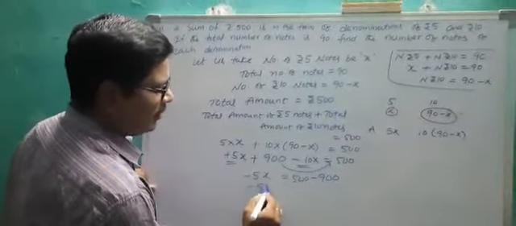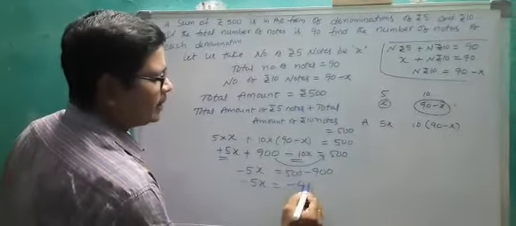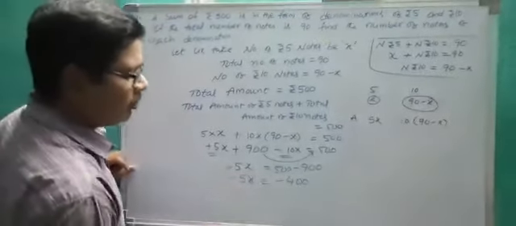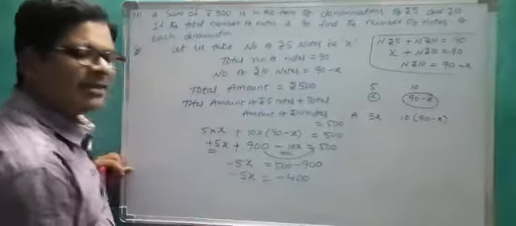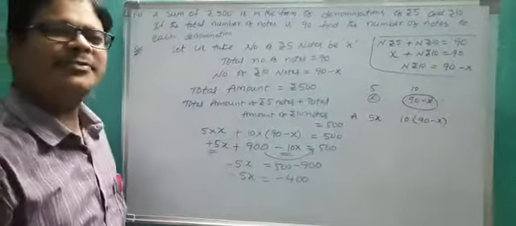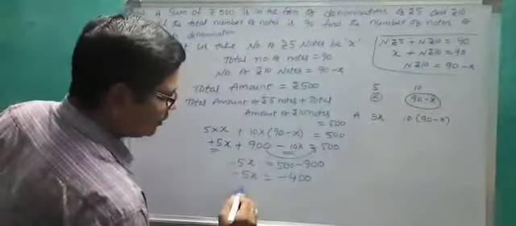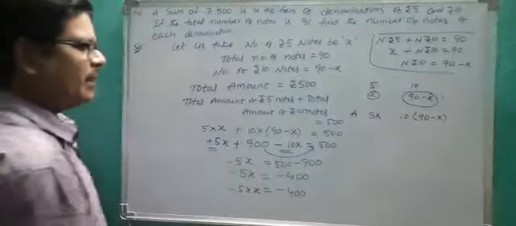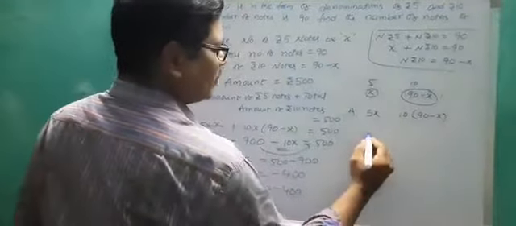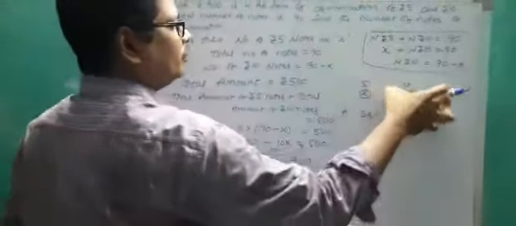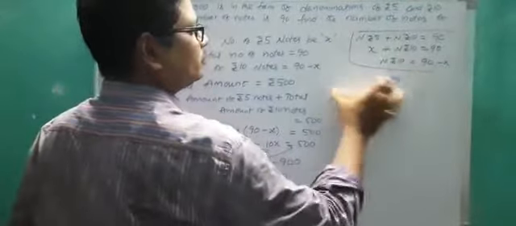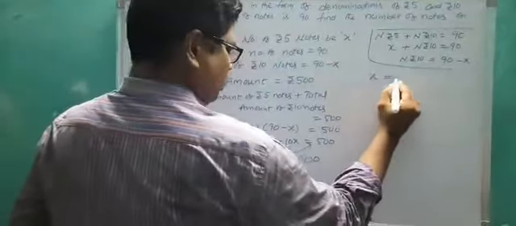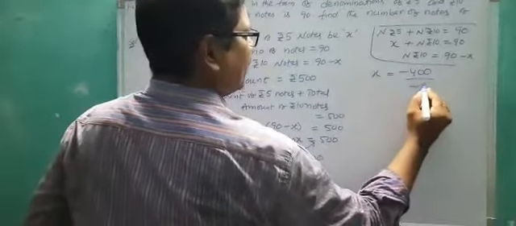So minus 5x is equal to minus 400, that is 500 minus 900 equals minus 400. Minus 5x means minus 5 into x. This is a product quantity. After transposition, it becomes division. So x is equal to minus 400 by minus 5.